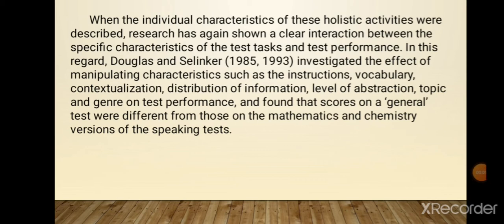When the individual characteristics of these holistic activities were described, research has again shown a clear interaction between the specific characteristics of the test takers and test performance.